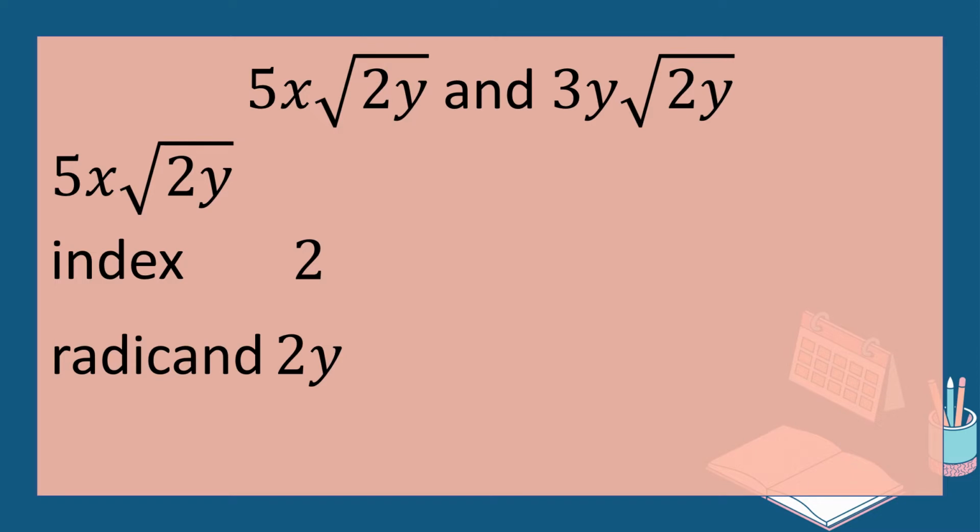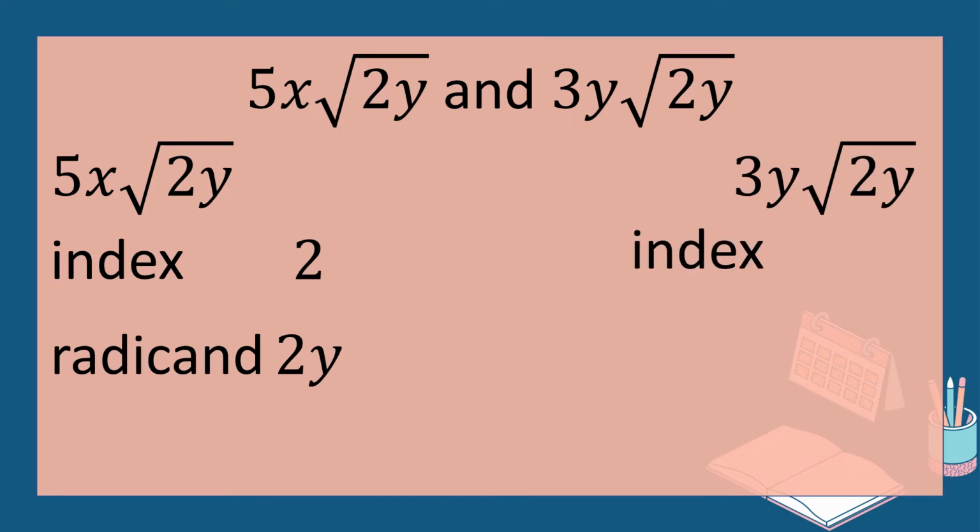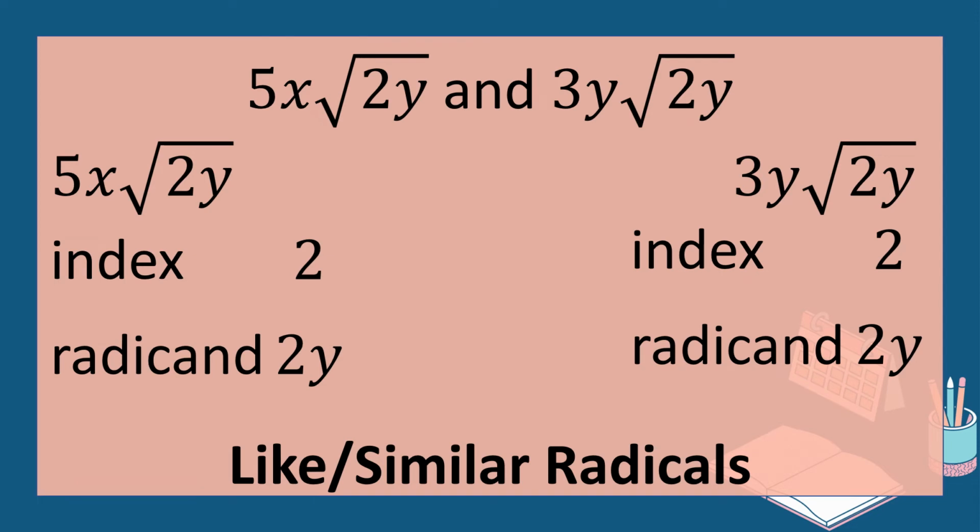We proceed to our next radical expression. Our index is equal to 2. Our radicand is equal to 2y. Our indices are the same, our radicands are the same, therefore the given radical expressions are like or similar radicals.